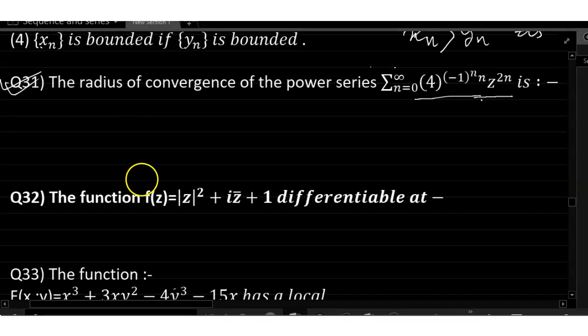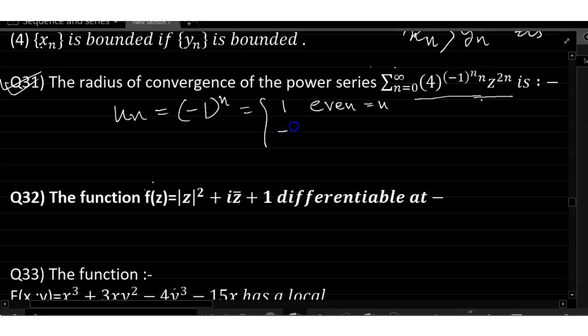Let un equal minus 1 to the power n. Minus 1 to the power n equals 1 when n is even, and minus 1 when n is odd.